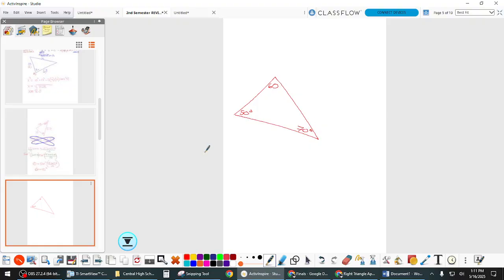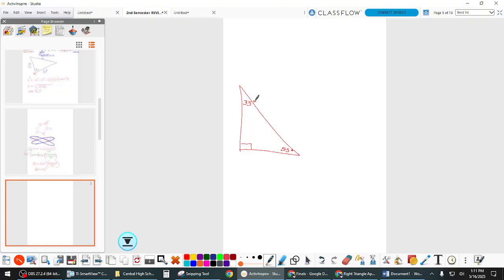So remember there are relationships between sine and cosine. Starting over. I don't want law of sines and law of cosines, but ratios. So what do I have to have? 90. Good. Let's make this 35 and 55. Can everybody see those numbers?